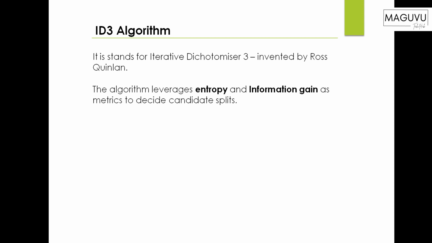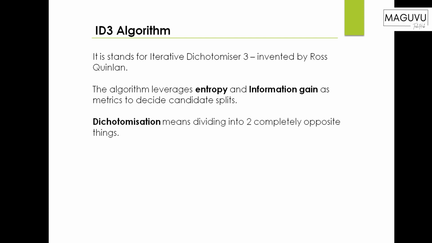What is the ID3 algorithm? It stands for Iterative Dichotomiser 3, invented by Ross Quinlan. The algorithm leverages entropy and information gain to come up with the left and the right side of the branches.